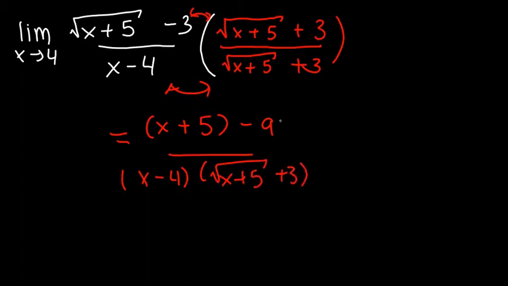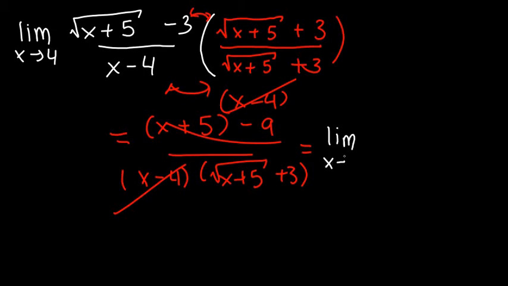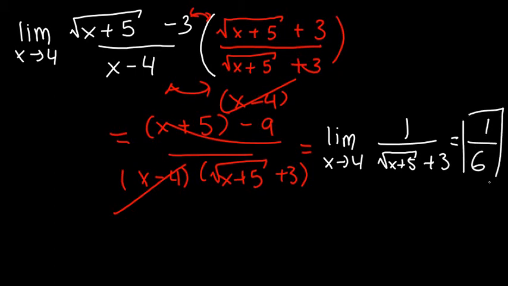So the numerator is just equal to x minus 4, which we can then simplify, so we're asking what is the limit as x approaches 4 of 1 over (the square root of x plus 5, plus 3). If you directly substitute this in, you get 1 over 6. So it's a really cool way to solve things with rationalization.